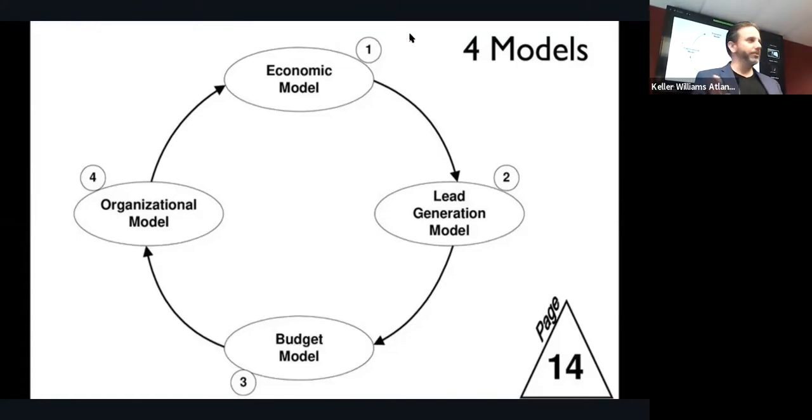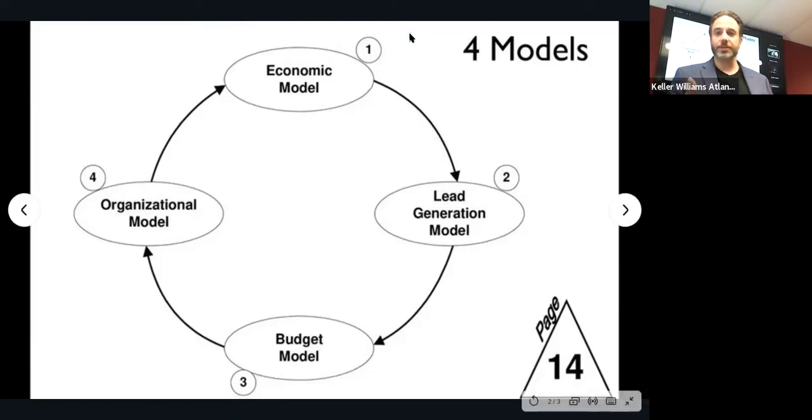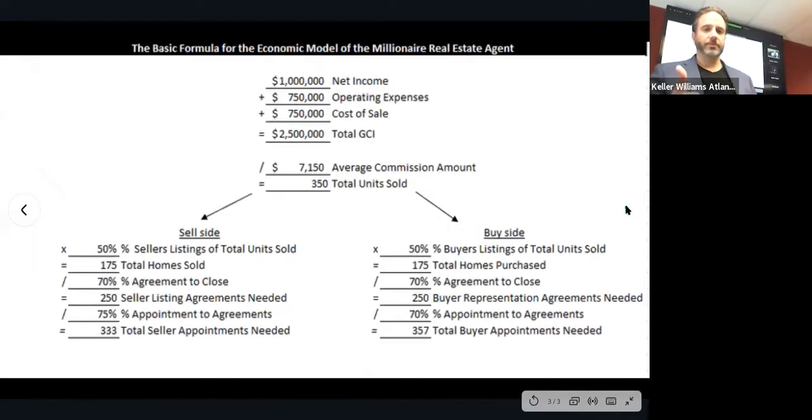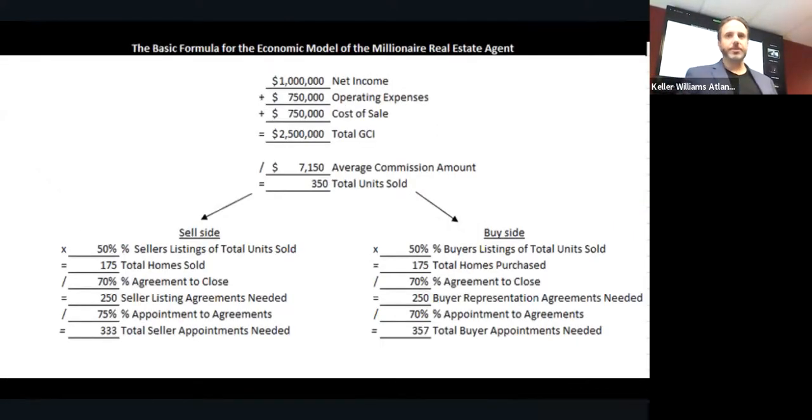Organizational model, very simple. If you are just a single agent, which is nothing wrong with that, you are the whole organizational model. And Christine's got a slide, I think we can show you. Actually, let's start with the next slide. It's economic. If you want to take a snapshot of this, we have an Excel spreadsheet exactly like this.